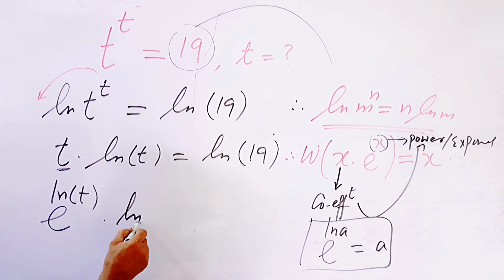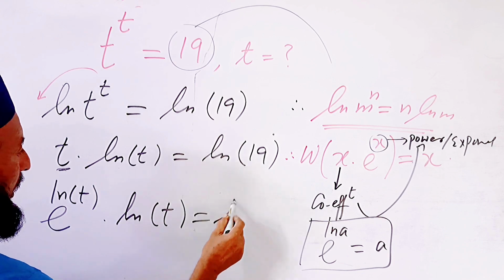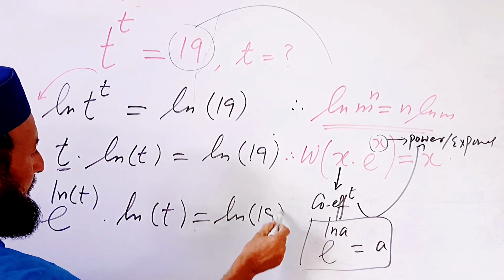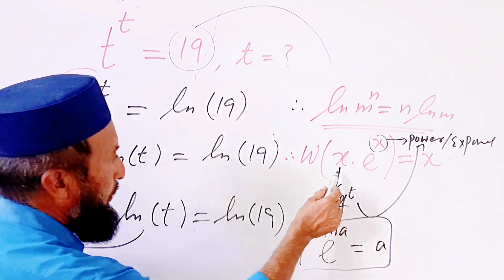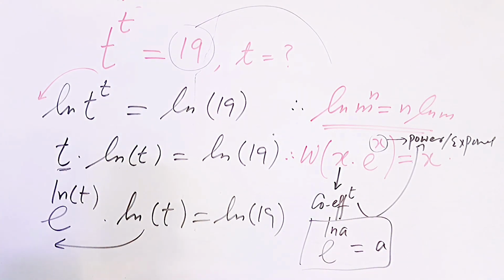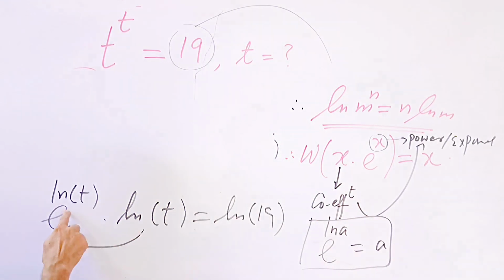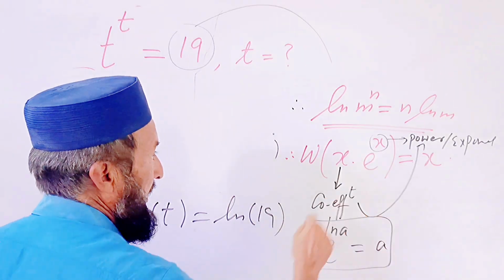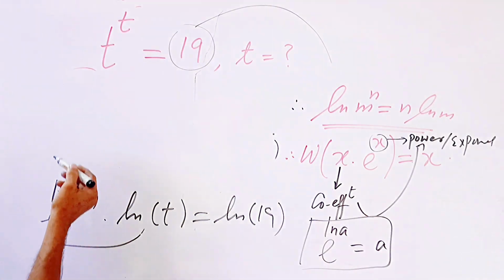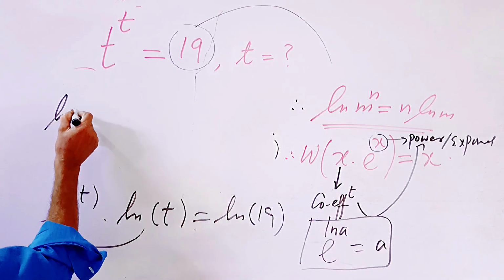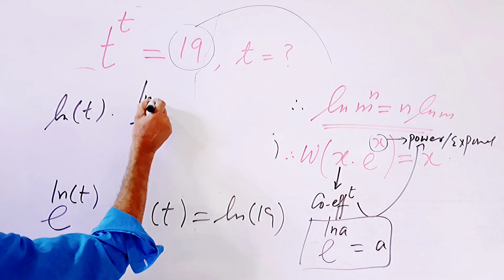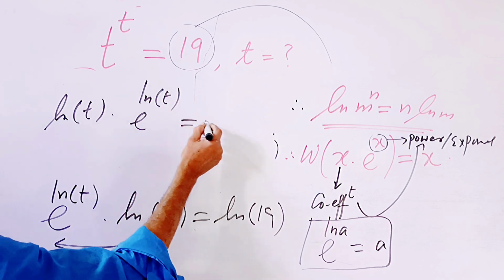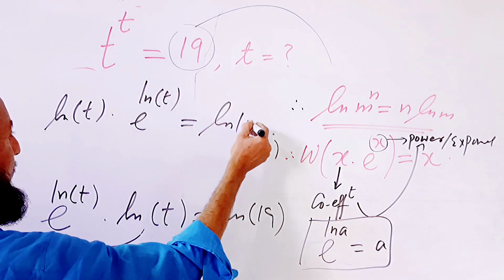Now we interchange this, because according to the Lambert W function, x and e to the power log of t are considered as the power, so we write log of t times e to the power log of t is equal to log of 19.